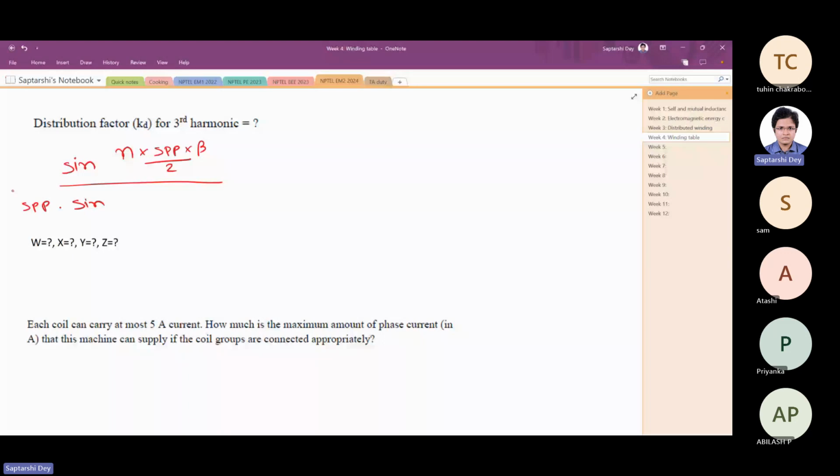N is the harmonic component. In this case, n is 3.